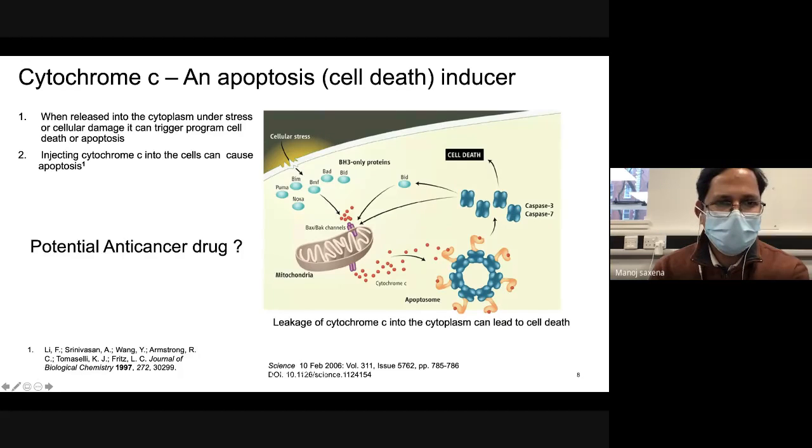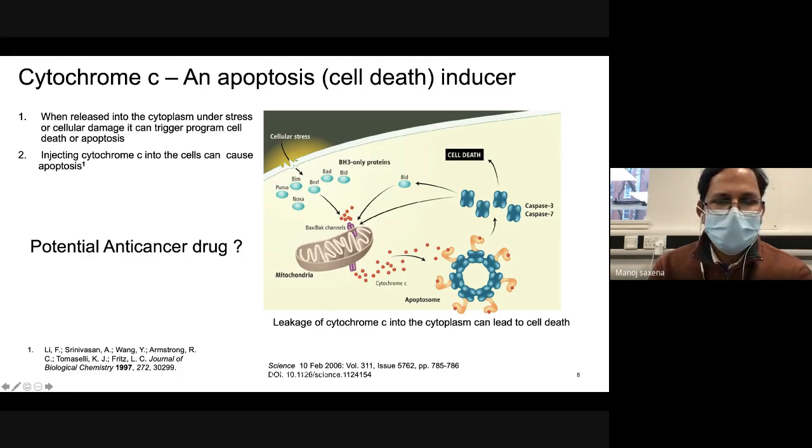So this ability of cytochrome C to induce apoptosis in the cell was noticed by many, and some people actually did experiments where they injected cytochrome C into the cell, because normally in vitro you cannot just add it to the cell; the uptake is not possible because it's impermeable.